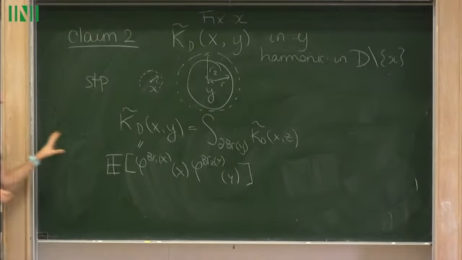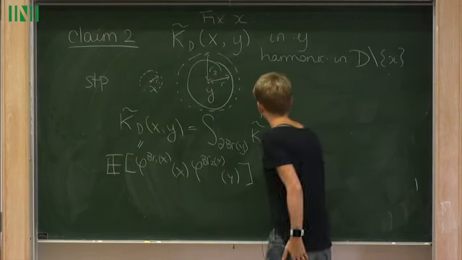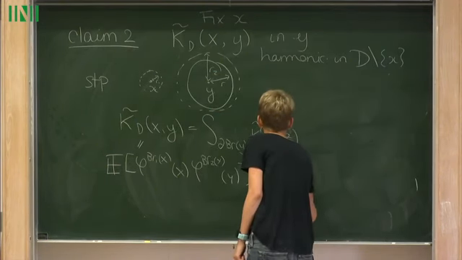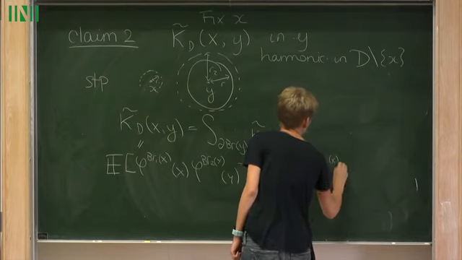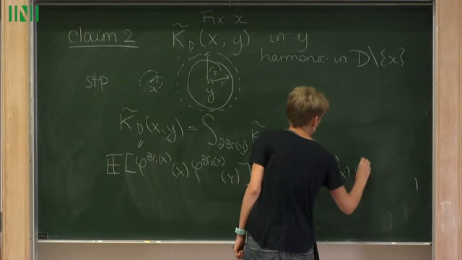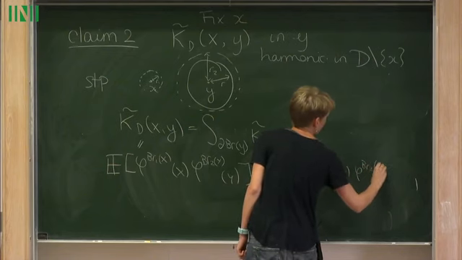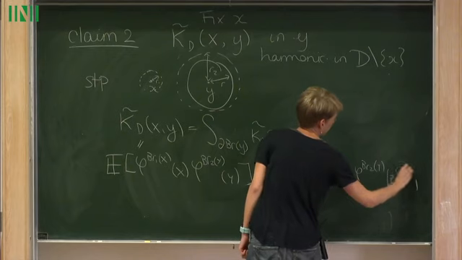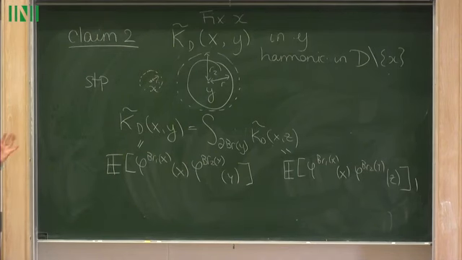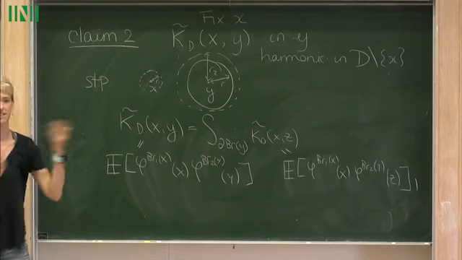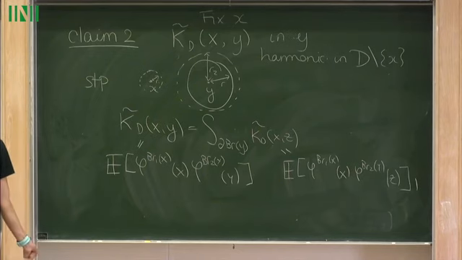Similarly, I can write this at x and z as exactly the same thing, except I replace where I put y before with a z. The reason this is true is subtly different to the previous proof, but essentially the idea is exactly the same: iterating the domain Markov decomposition.